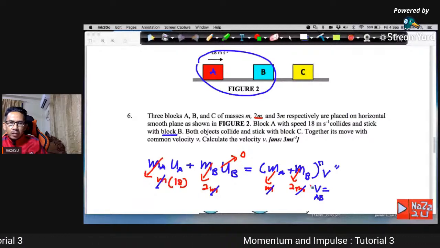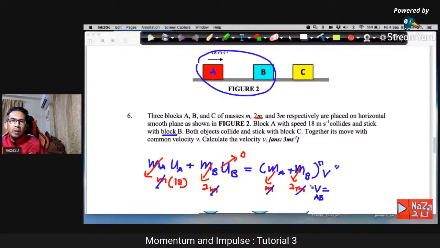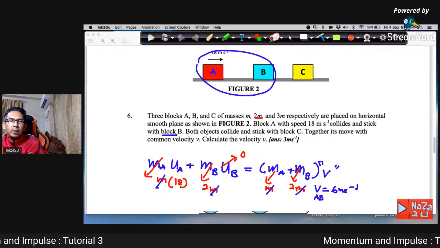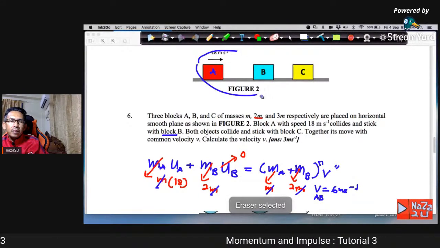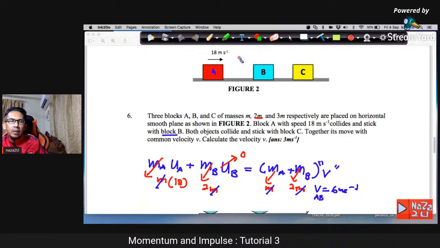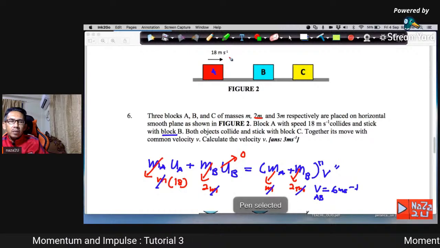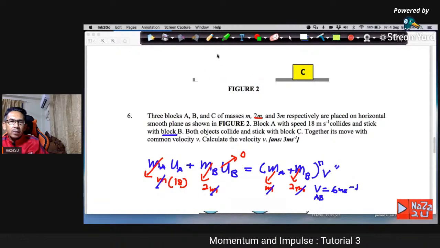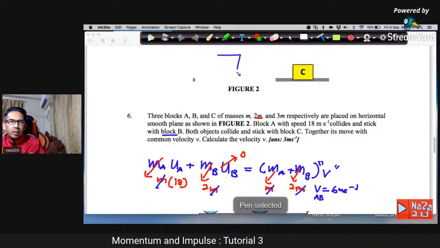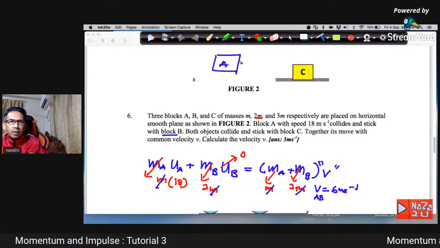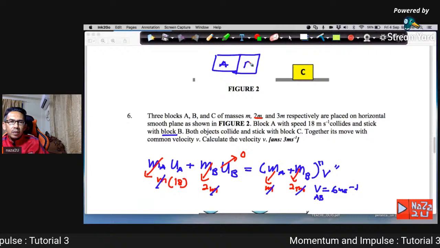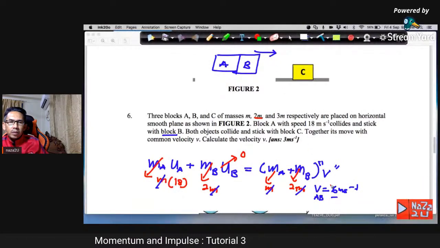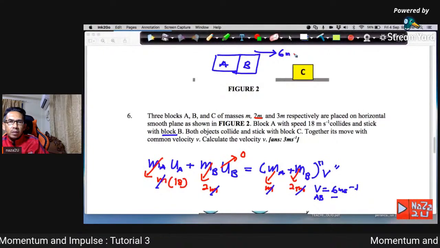6 meters per second. So if I draw the diagram here, A and B now stick together, object A and object B, with a velocity of 6 meters per second.